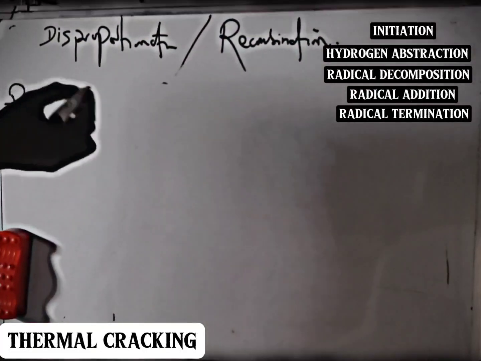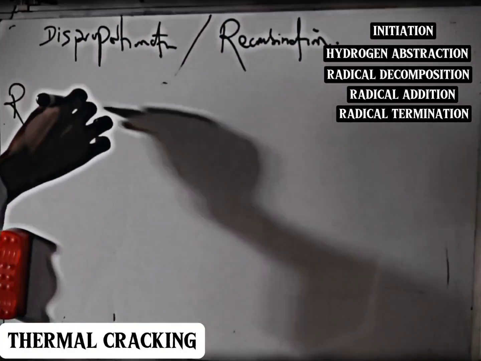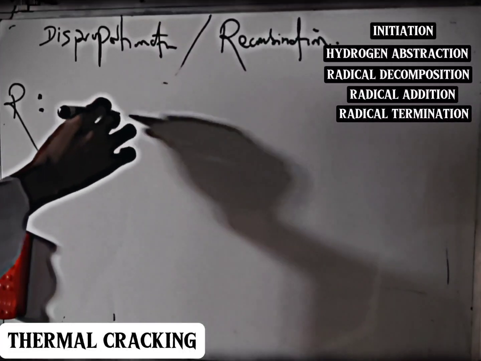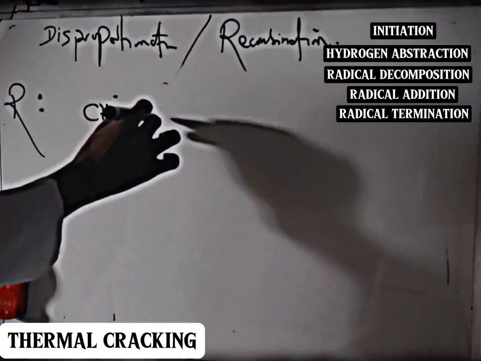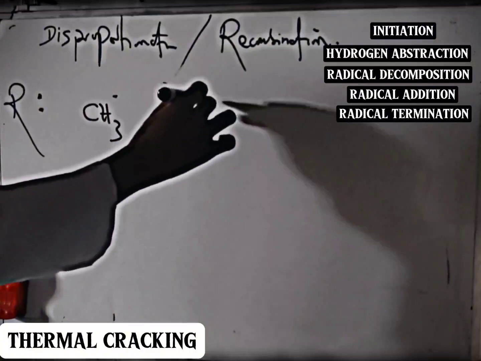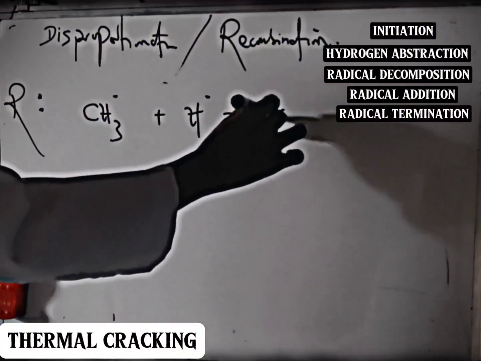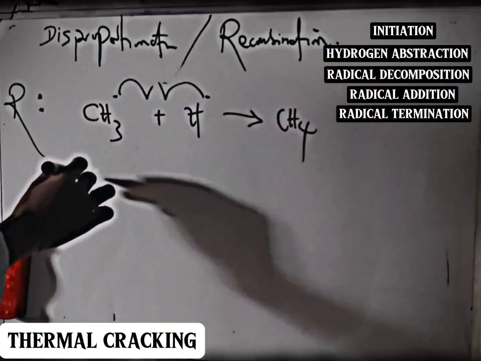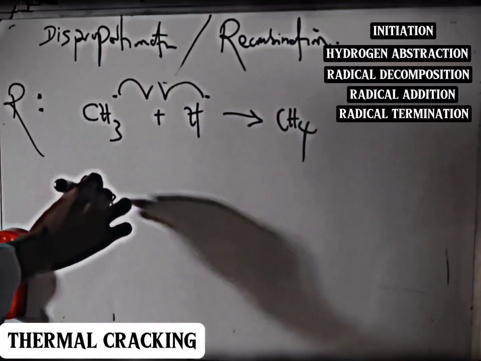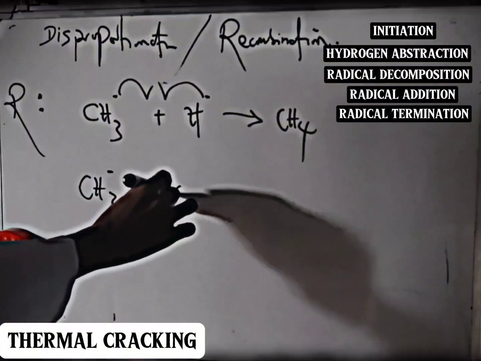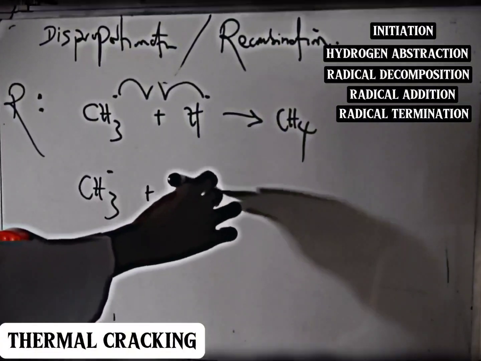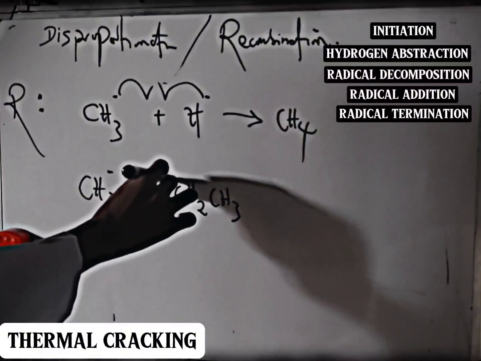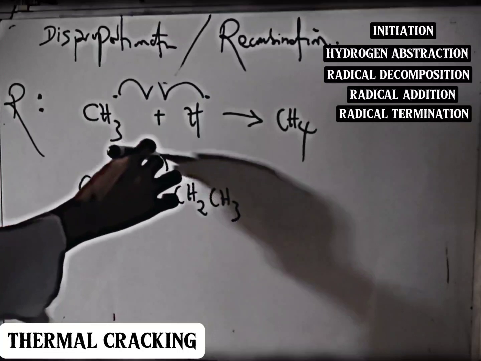So for the recombination, we can choose any of the radicals that we produce. We can have the methyl radical, okay, reacting with the hydrogen radical to give you methane, which we know, alright, or we can choose to use this methyl radical reacting with the ethyl radical, alright, it will just recombine.